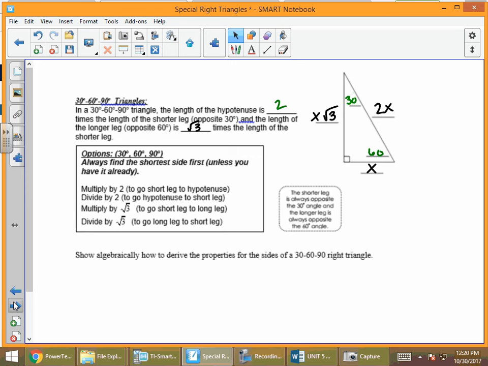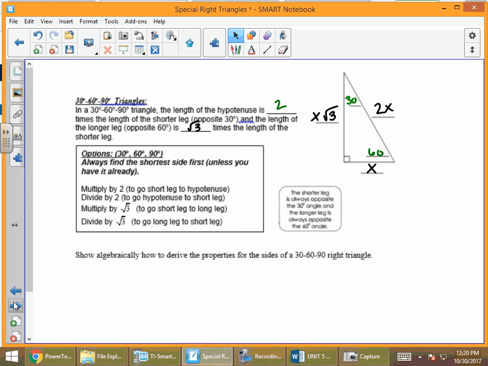Hypotenuse to short, instead of multiplying by 2, we're going to divide by 2. Small to big, multiply. Big to small, divide. If we are going from short leg to long leg, we're going to multiply by radical 3. If we're going from long leg to short leg, we're going to divide by radical 3.